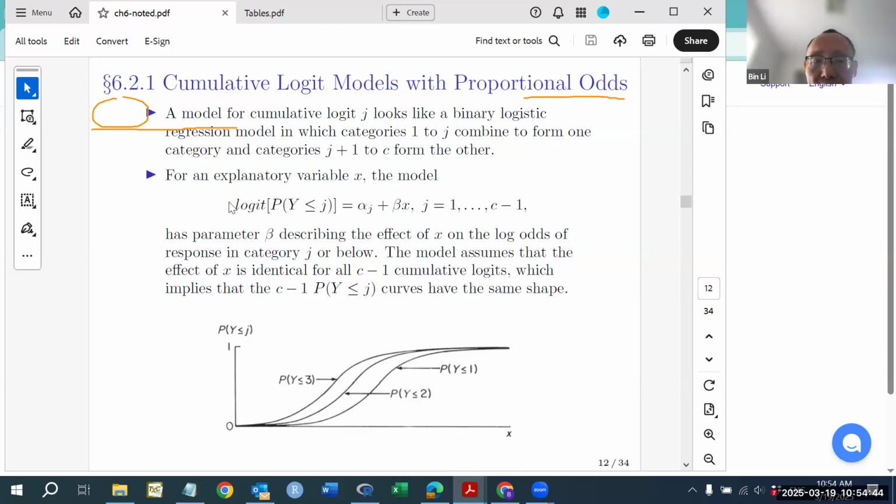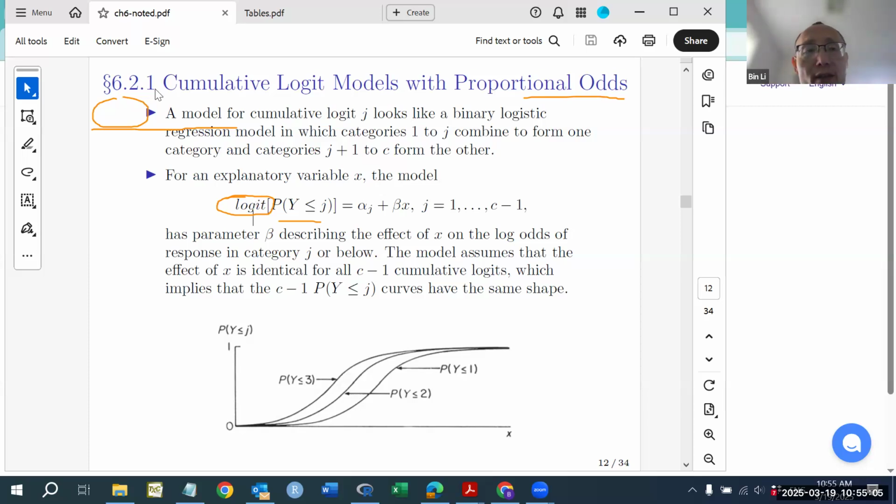But logit is just a link that we use. Do we have to use logit for this one? No. We can change logit to what? For example, we can change it to probit. Can we do that? Yes. We can also do that. Or use the identity link.